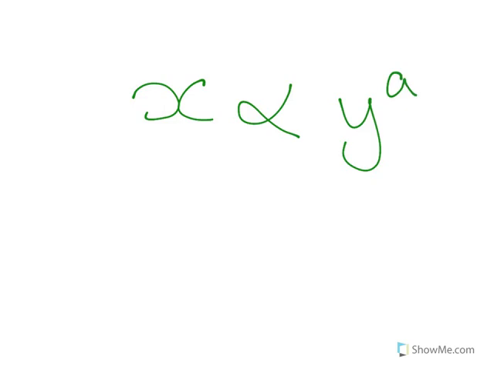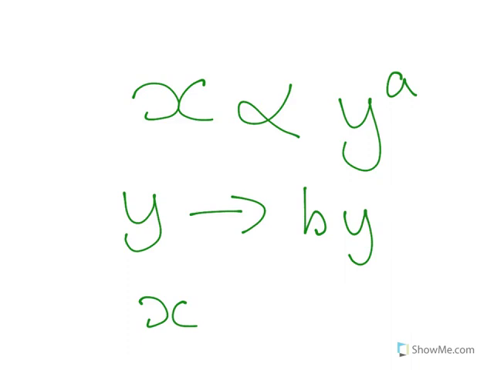So if we have that x is proportional to y to the power of a, then if we change y by a certain factor, then x changes by that factor to the power of a. So if we have that y goes to b times y, then x goes to b to the power of a times x. Okay?